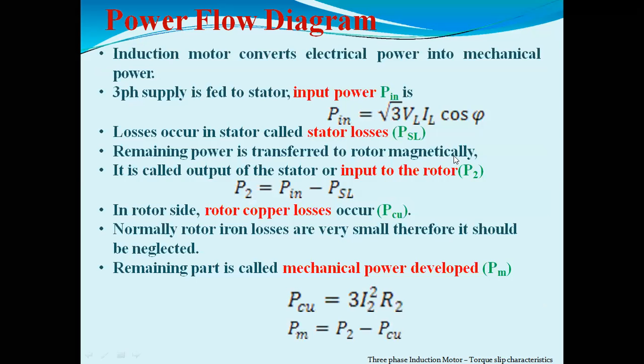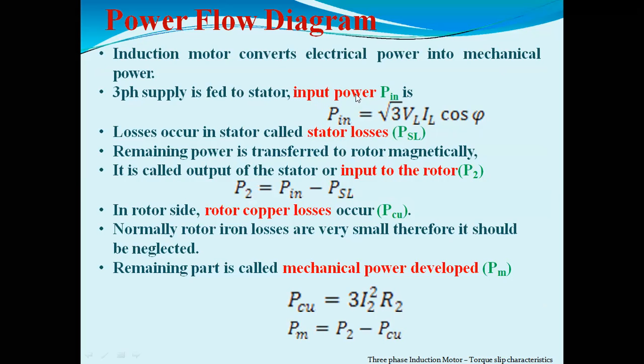So when we are using the induction motor, there will be power loss in the form of stator loss, in the form of rotor loss, and the remainder in the form of mechanical power. When we give the 3-phase supply, we can take input power equal to, this is the standard formula.